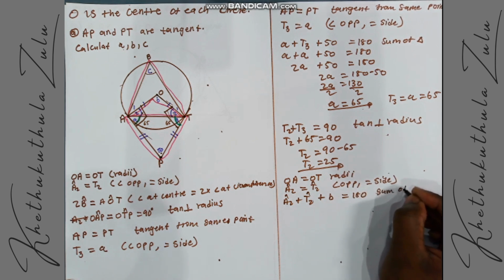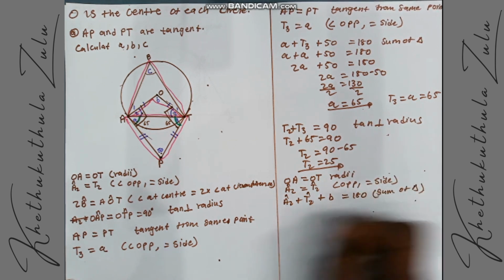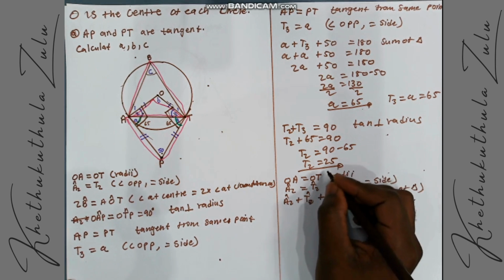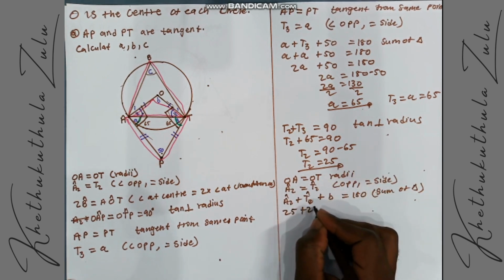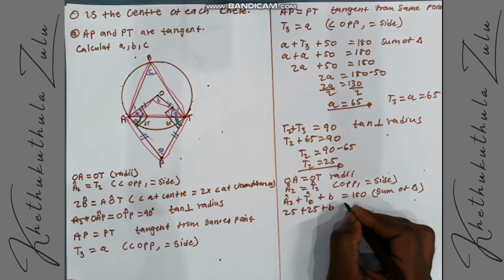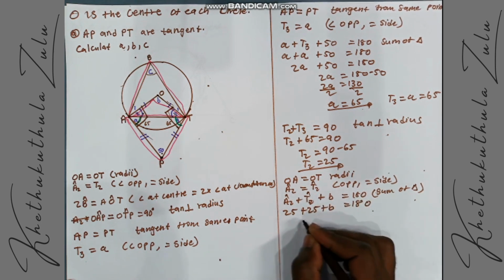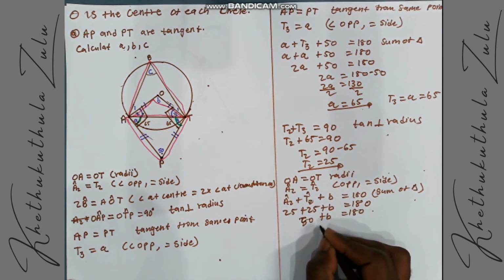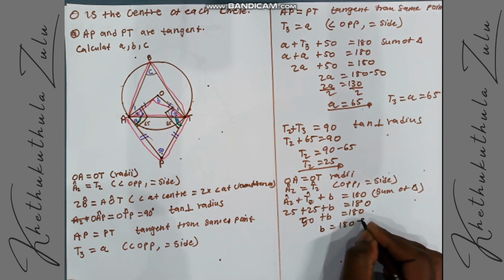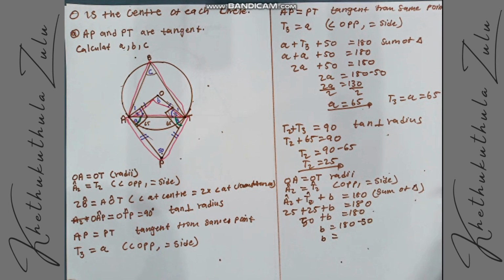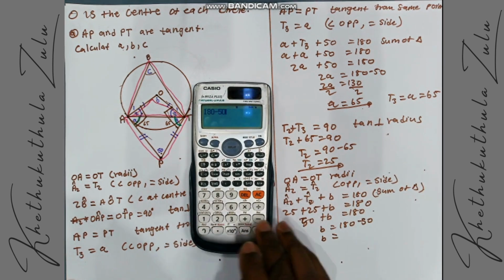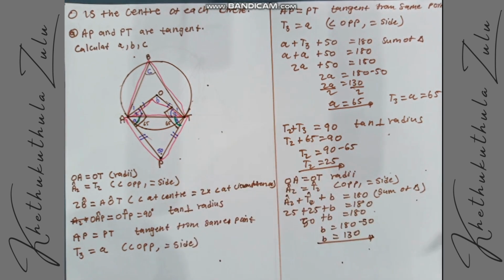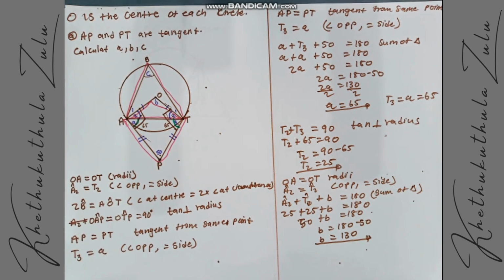We know that T2 and A2 are equal and T2 is 25, so 25 plus 25 plus b is equal to 180. 25 plus 25 is 50, then b is 180 minus 50, which is 130. I hope we understand that part.